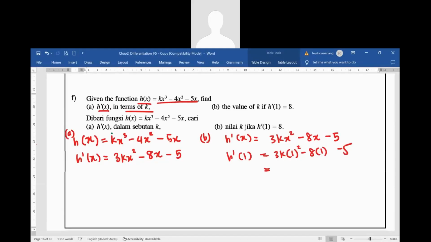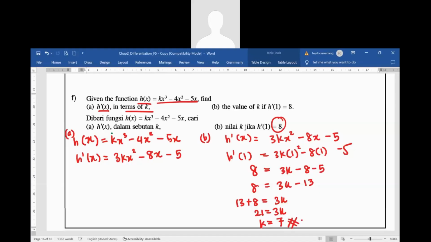You get 3k minus 8 minus 5, and the answer is equal to 8. So 8 is equal to 3k minus 13. Minus 13 you bring over, so it becomes 13 plus 8 equals 3k. So 21 is equal to 3k, and you know that k equals 7.